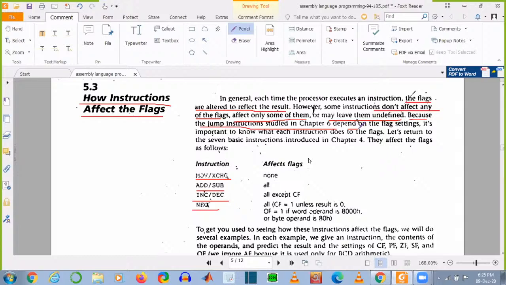We'll see. Jump means we are going to jump from one section to another section. That is called the JMP instruction, the jump instruction.